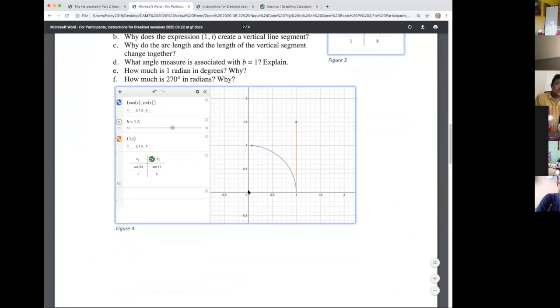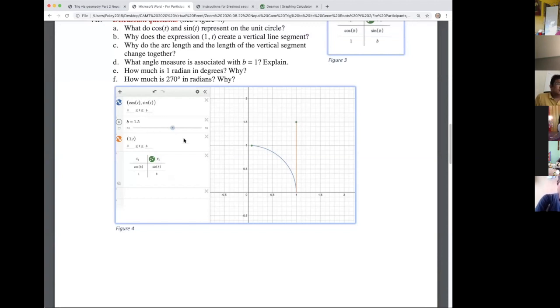If you think of the base of the vector being at the origin and that it points to cosine of t, sine of t for values from 0 to b, it would be like a pencil drawing this curved line here for t values between 0 and a b of 1.5.